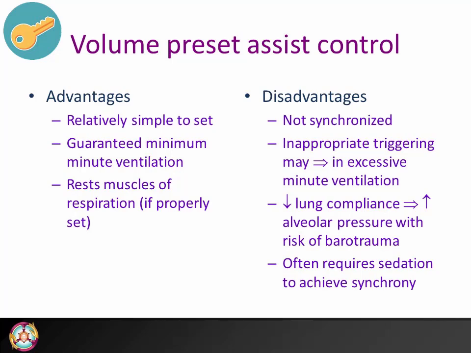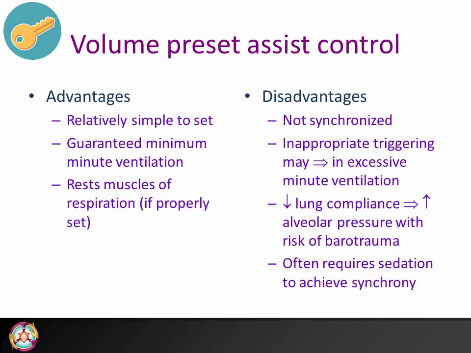The advantages of volume preset assist control are its relative simplicity, the tidal volume and minimum ventilatory rate are set, thus guaranteeing a minimum minute ventilation, and if properly set, it rests the muscles of respiration. The disadvantages are that it's not synchronized with the patient's breathing.